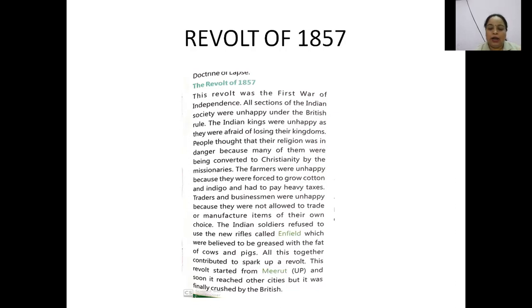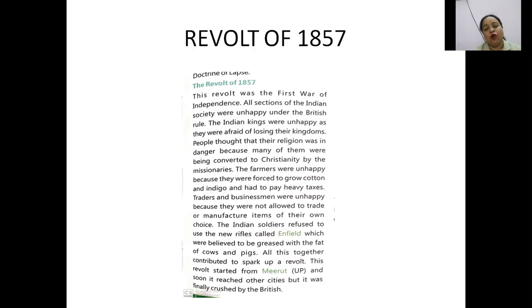Now what happened was that the Enfield rifle cartridge, in Hindi the goli, was greased. Grease means coated. उस गोली के ऊपर there was a coating of the fat of cow and pig.